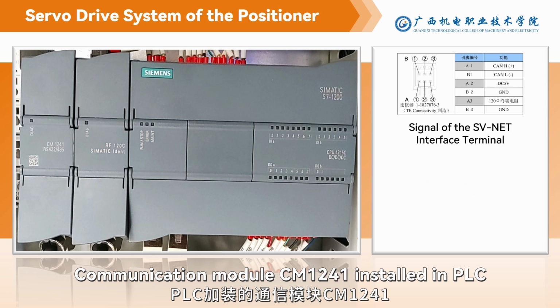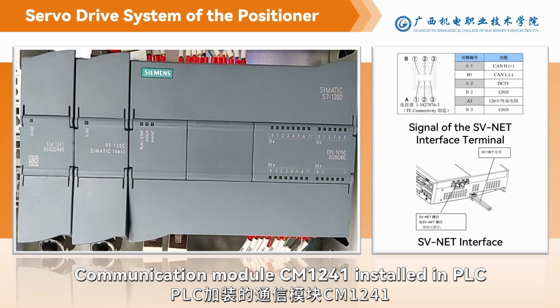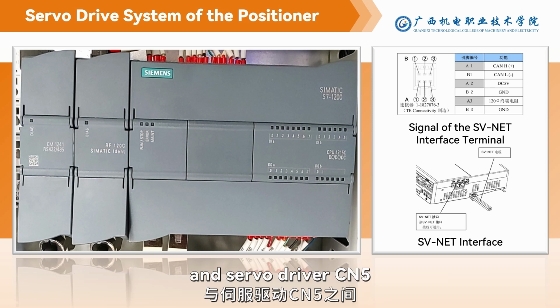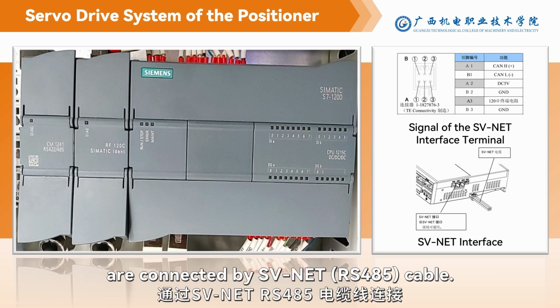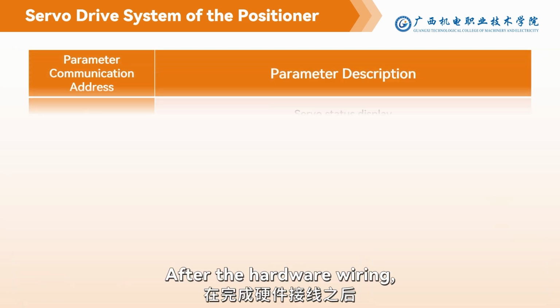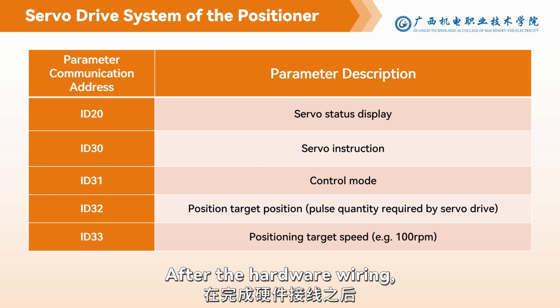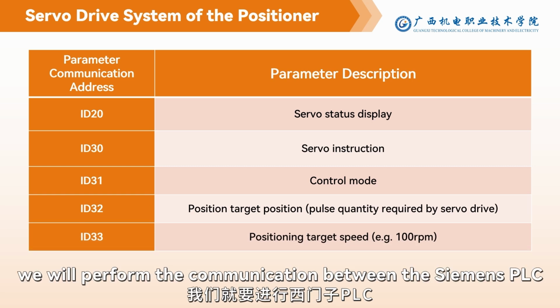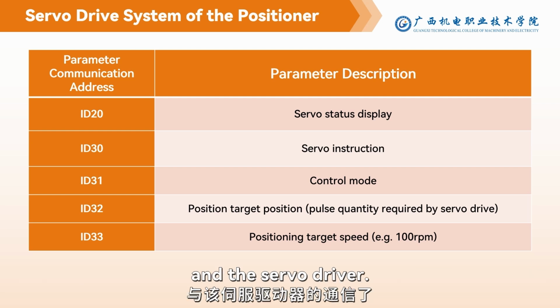Communication module CM1241 installed in PLC and the servo driver CN5 are connected by SV-NET cable. The pin's function is shown in the figure. After the hardware wiring, we will perform the communication between the Siemens PLC and the servo driver.